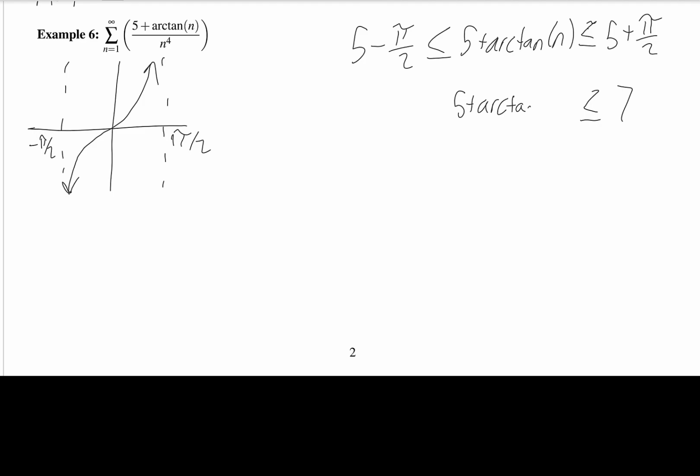Now the reason I'm choosing to focus on the bigger inequality is because we're going to have 1 over n to the 4th, or some constant over n to the 4th. And so I know that's going to converge by p-series. So I'll divide this by n to the 4th.